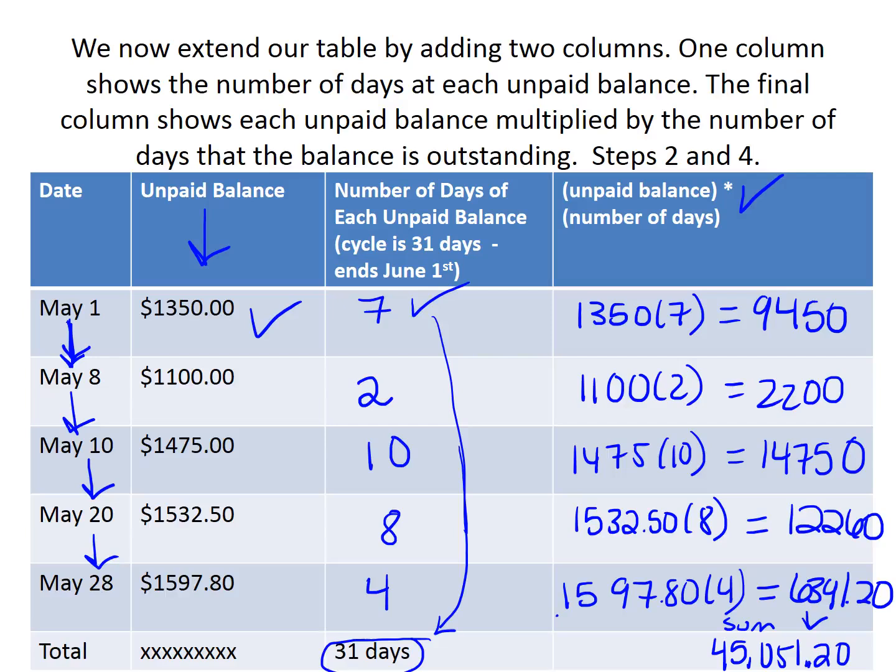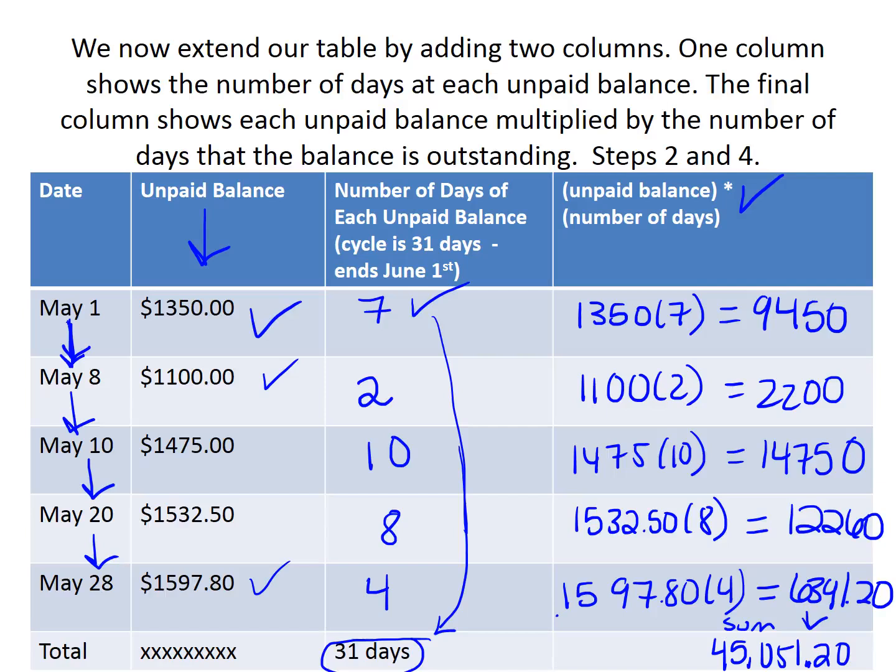But we're going to get the average daily balance, so we take that sum and divide by the number of days. You can kind of look at it and see that the average balance is going to be somewhere around 1,400. The smallest is 1,100 and the biggest is 1,597.